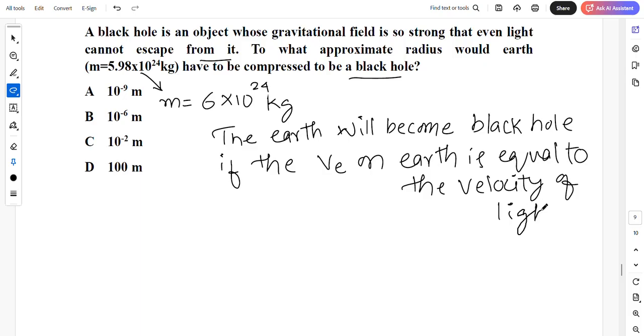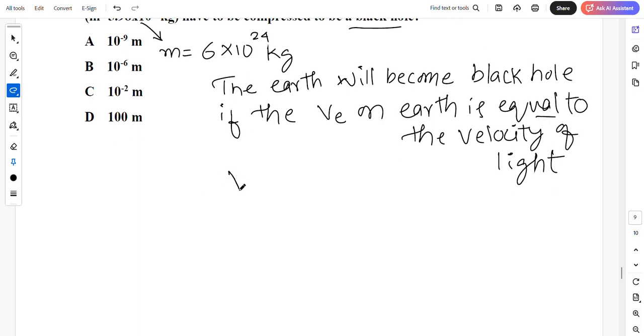In the limiting condition I can take it equal to the velocity of light. That is, V E should be greater than or equal to C.